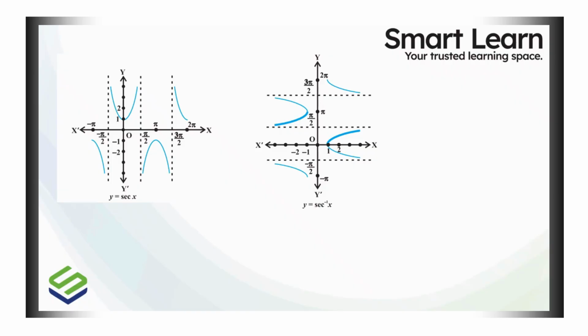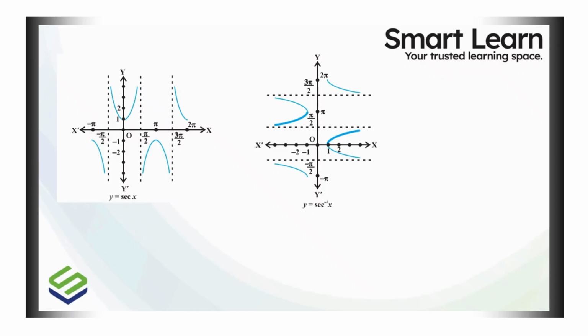Look, pi by 2 is not defined. Then we will take sec inverse of minus 1. What will be the answer? Like that we will check here.